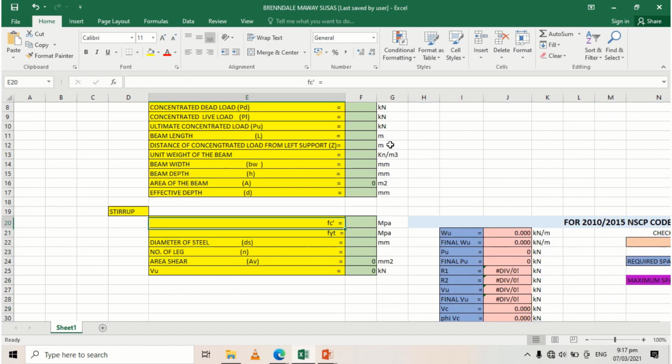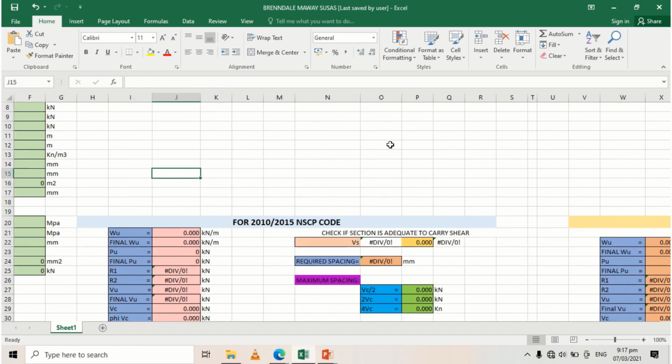For stirrup naman, we have FC prime, FYT, diameter of steel, number of legs, area of shear calculated here, then VU. Depending if VU is given, we input it here, and if hindi naman, makakalculate ka.